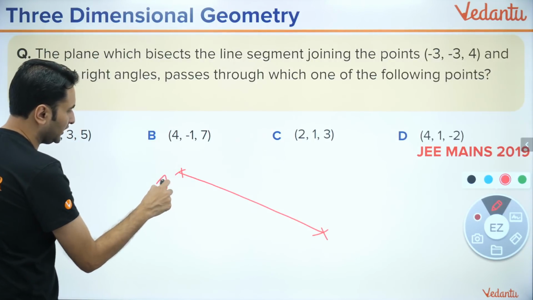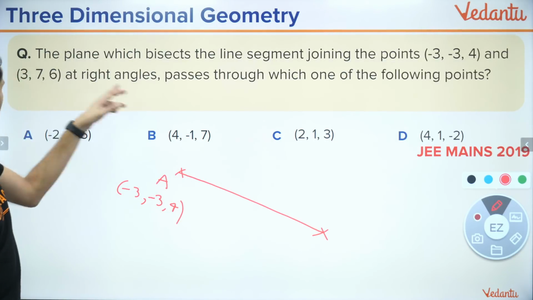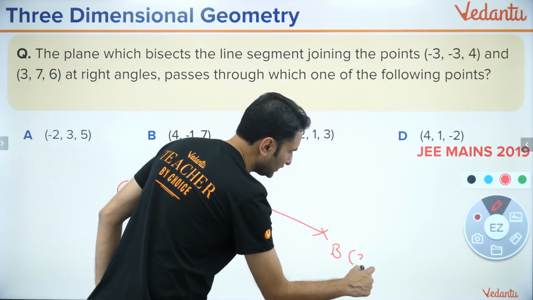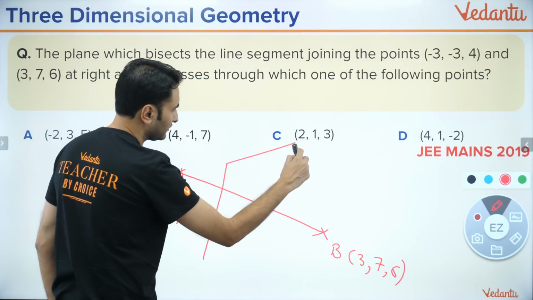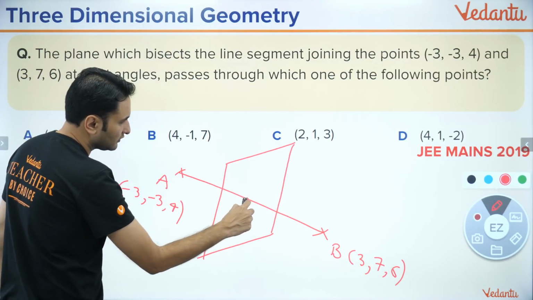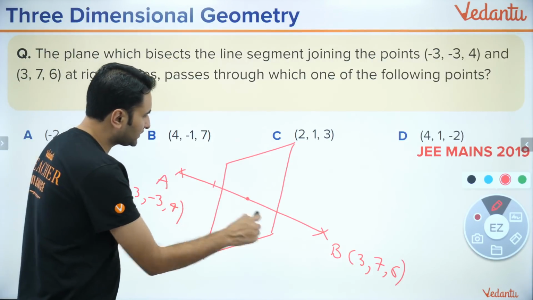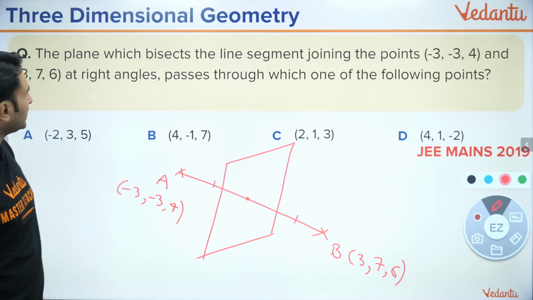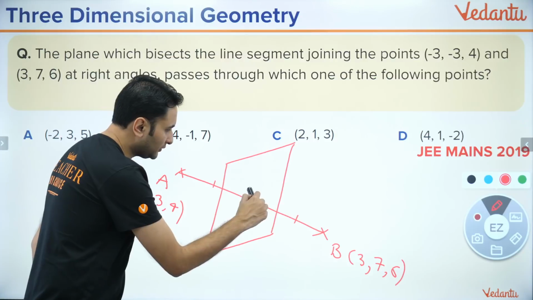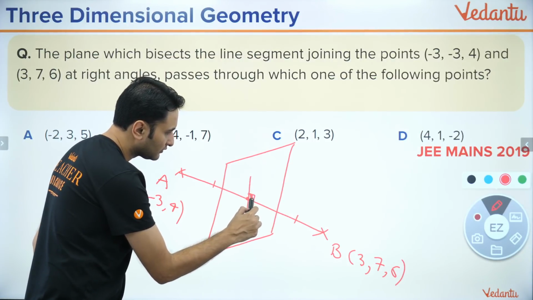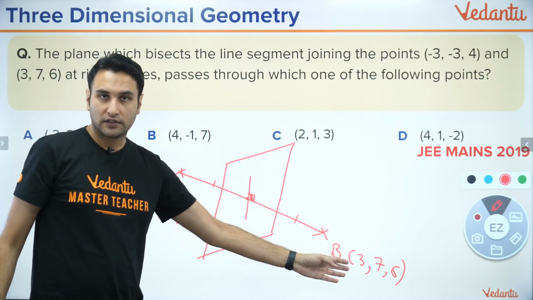There is a point A which is say -3, -3, 4 and there is B at 3, 7, 6. There is a plane which bisects them. So this plane bisects A and B at right angles. So this plane is also perpendicular to the line joining A and B.